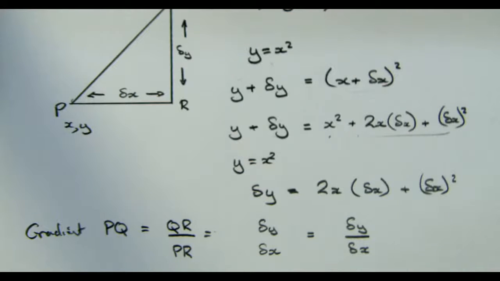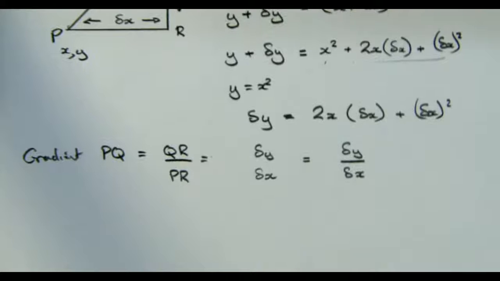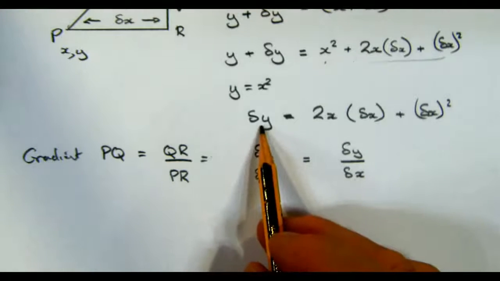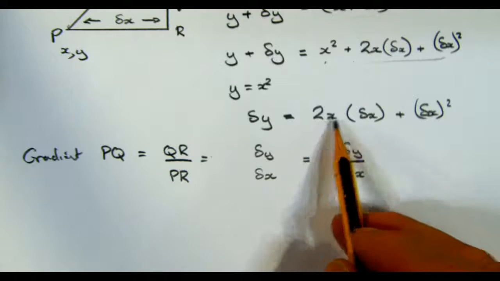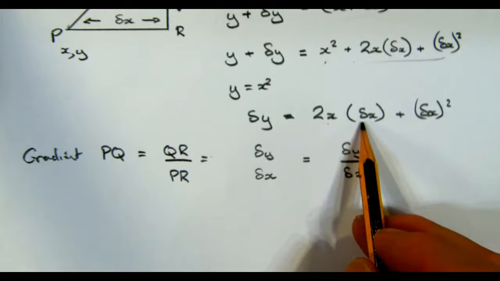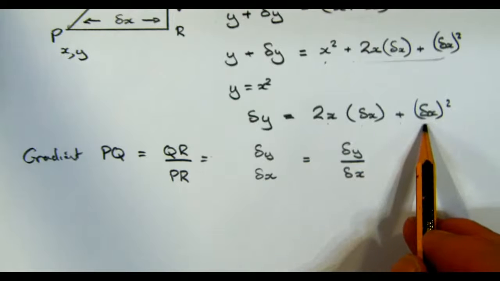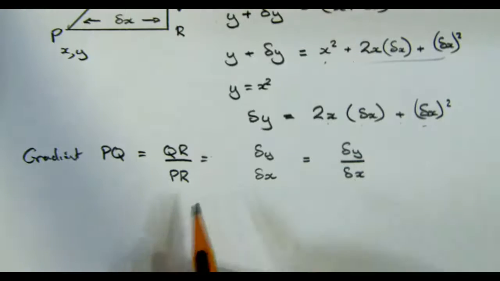Now I've already got expressions for delta y and delta x. Delta x is simply delta x, and we know that delta y is 2x times delta x plus delta x squared.